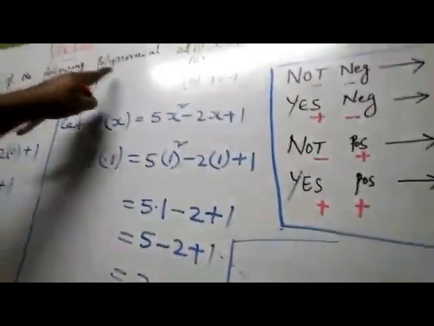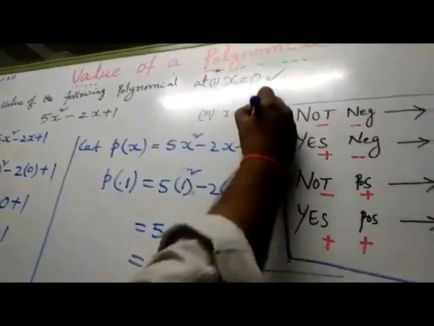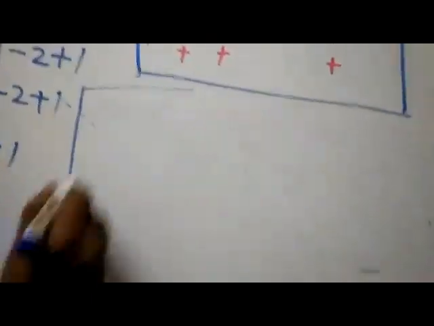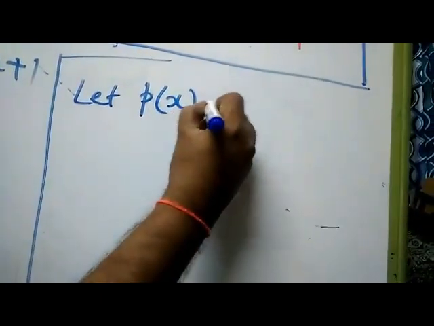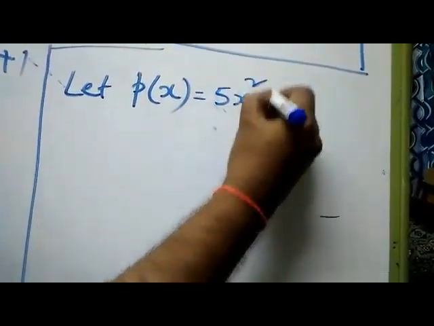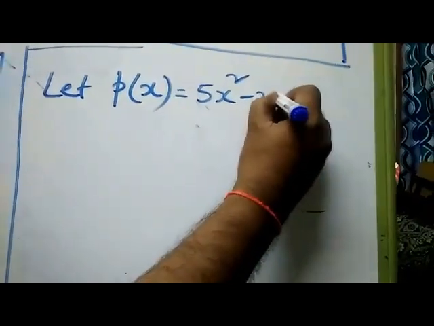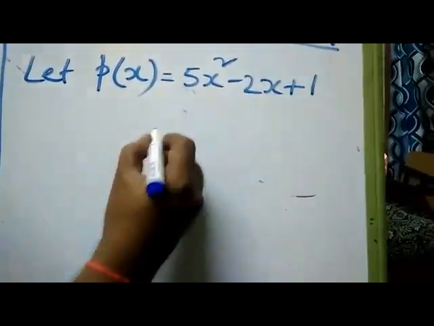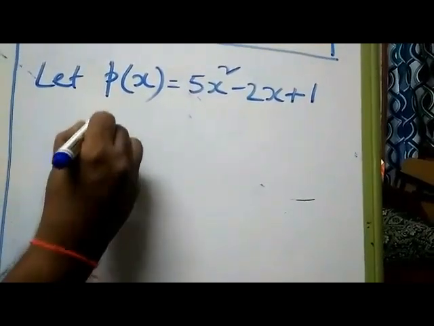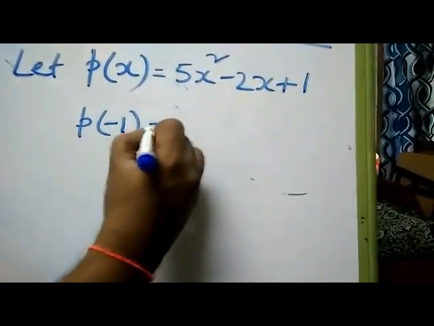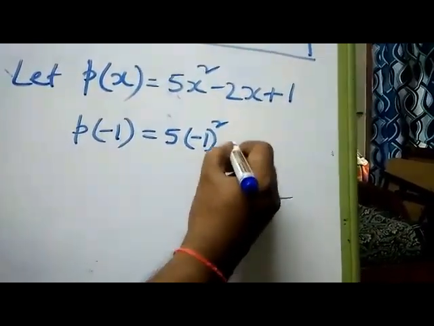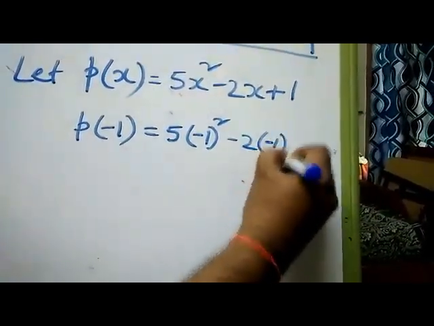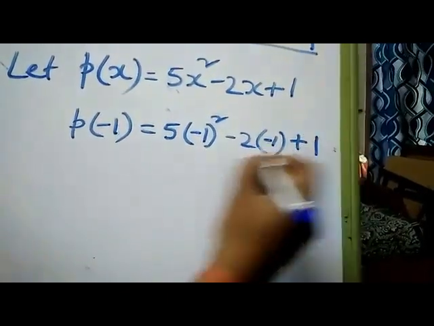Once again, find the value of the polynomial at x is equal to minus 1. Let P of x be 5x square minus 2x plus 1. Now we have to find P of minus 1. P of minus 1 is equal to 5 into minus 1 whole square minus 2 into minus 1 plus 1.